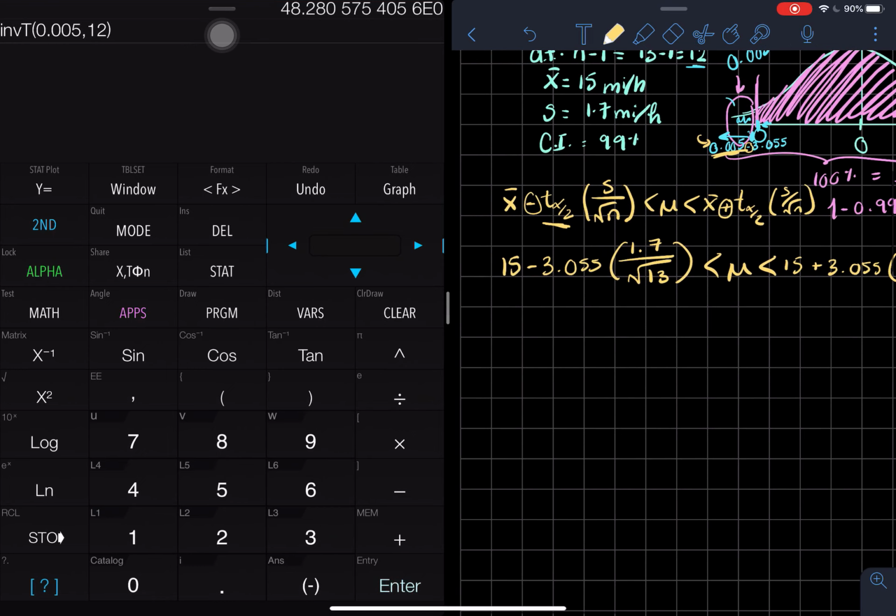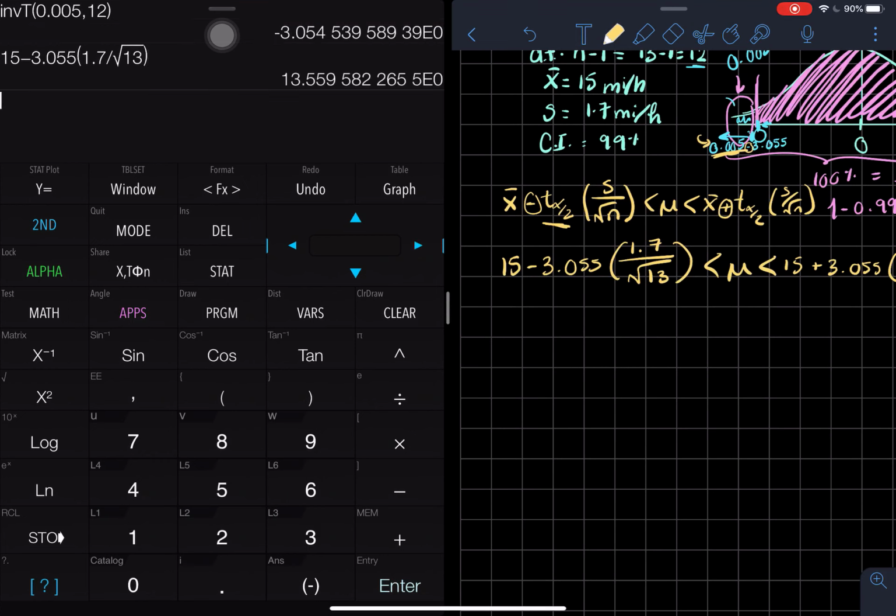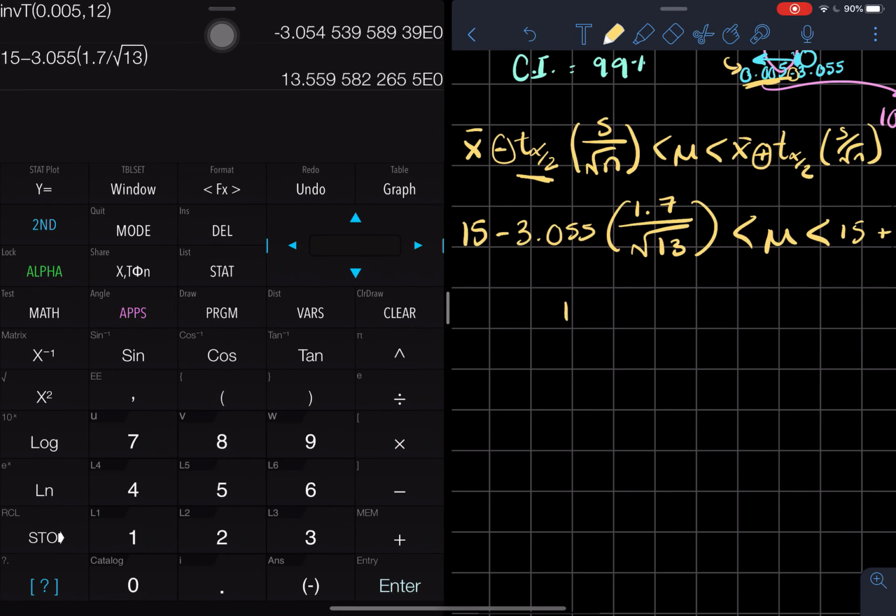It was asking 15, delete, minus 3.055 times 1.7 divided by the square root of 13. Enter. So this gave me my lower bound, 13.559, which really is, oh, actually 15.5, so let's just round it up.